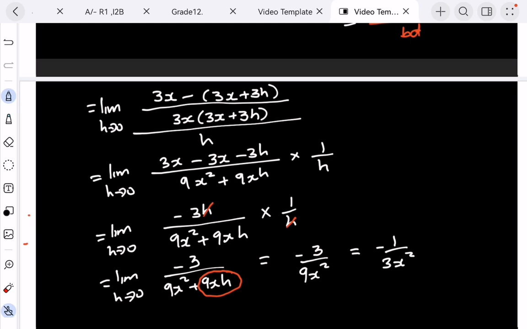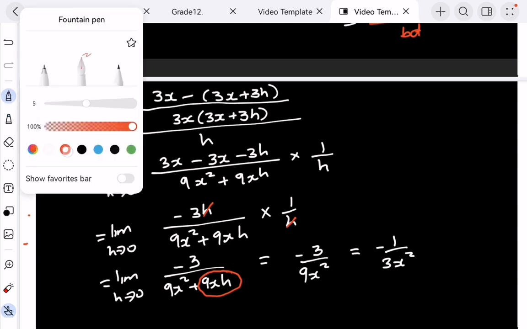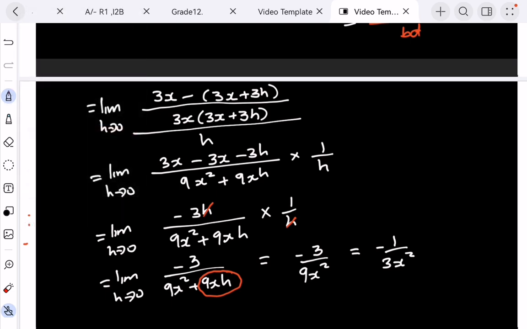How did we know this answer? Let me do it on the side. Because we were given the equation which is 1 over 3x. Remember, for you to use rules of differentiation, you must make sure your x is always at the numerator. So if I take x to the top, it becomes x to the minus 1.